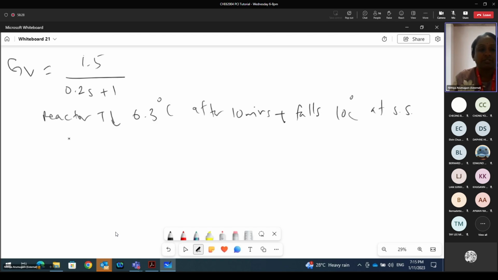Okay, so from here we can calculate the gain of the process as -10 since the temperature falls. Okay, and the tau p is 10 minutes.